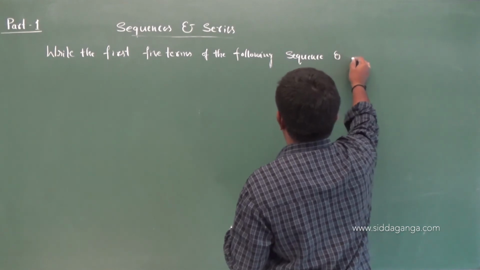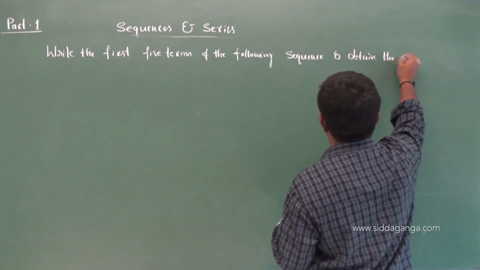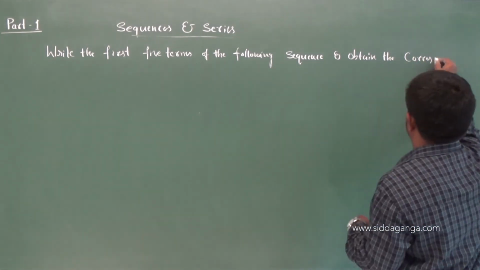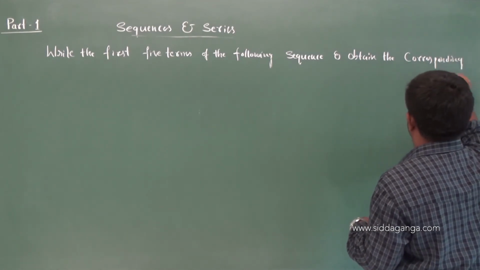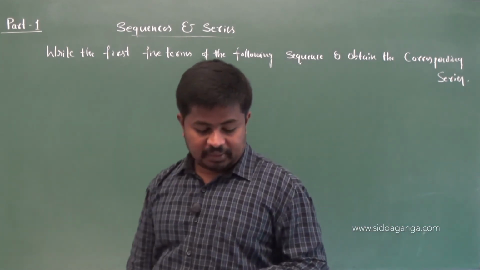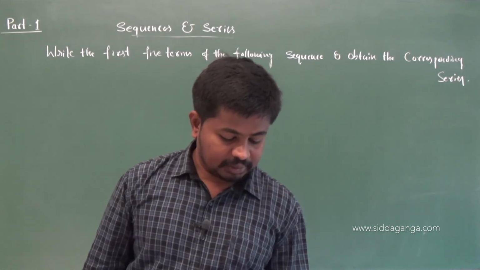So, you write the first 5 terms of the sequence whose nth term is given and also the corresponding series.